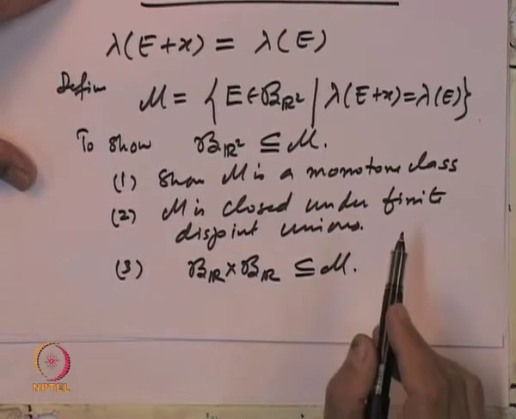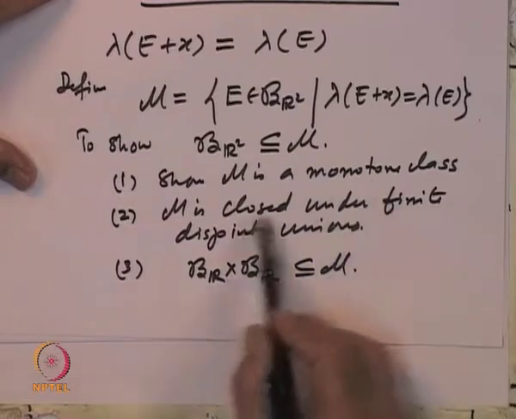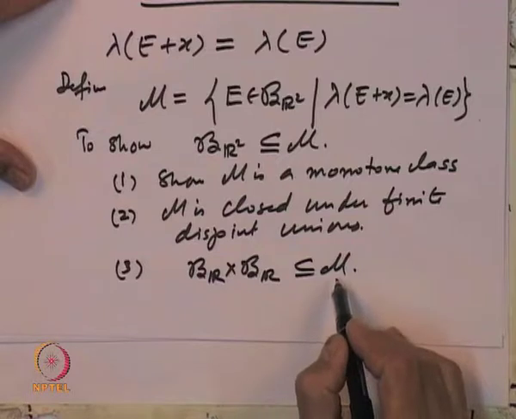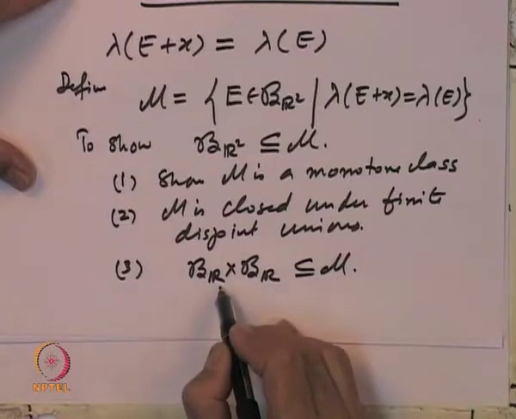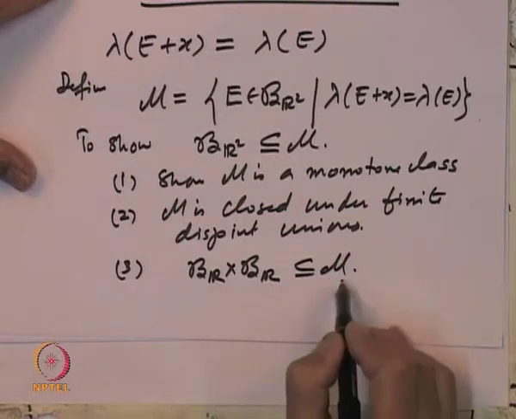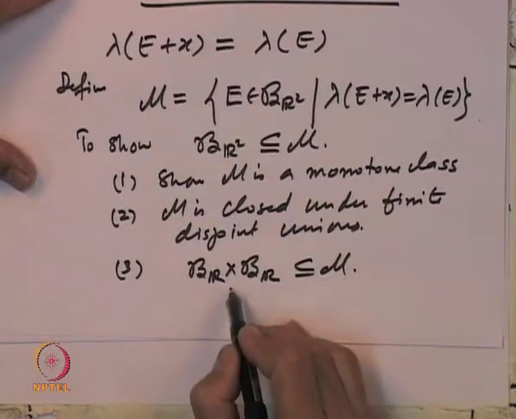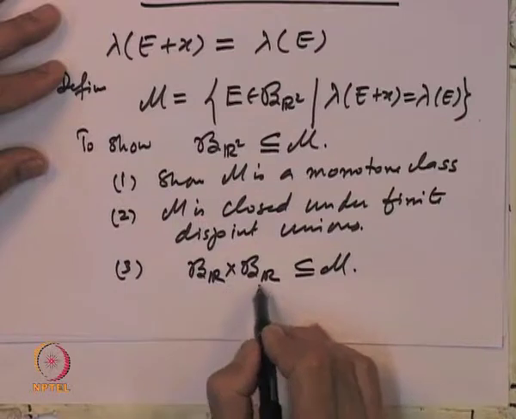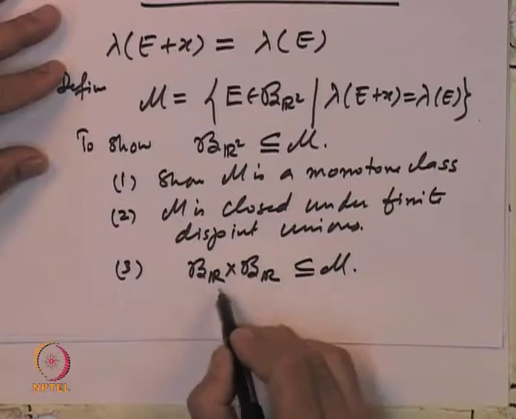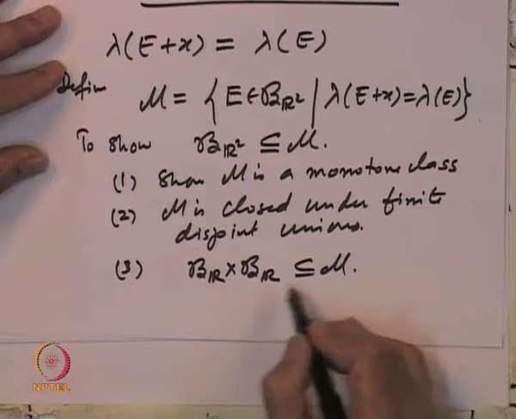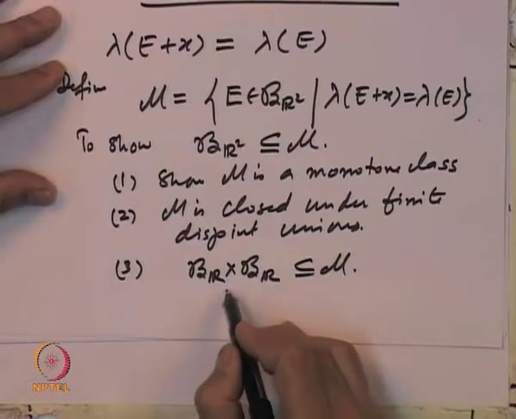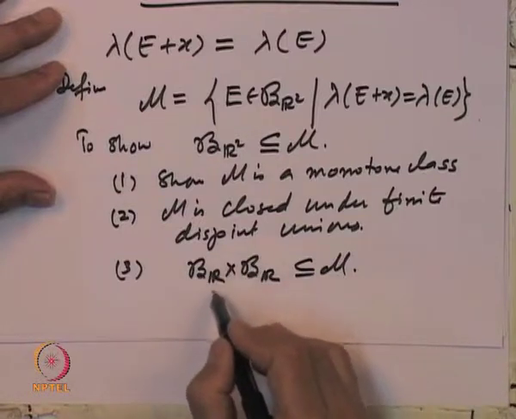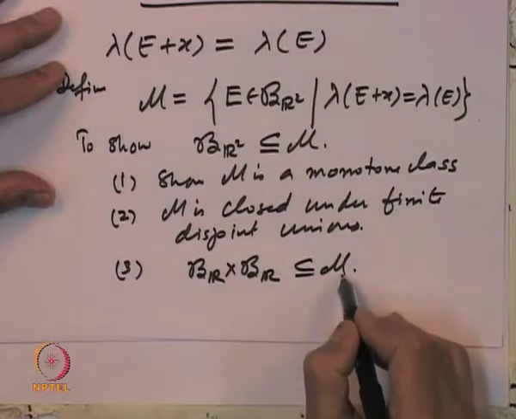So, it is a monotone class closed under finite disjoint unions. The rectangles are inside it, so the algebra generated, the monotone class generated by finite disjoint unions, also will be inside it, because this is closed under finite disjoint unions.